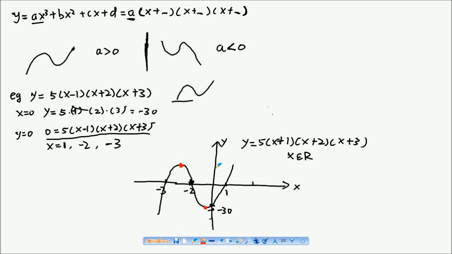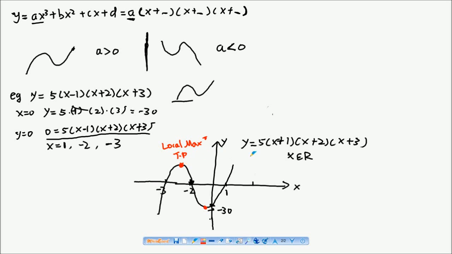Okay, and so for the moment, you only have to know there's a turning point, and in this part there is what we call a local maximum turning point, because at the turning point here we have a local maximum number. It's a local maximum because it is not the maximum of the graph.